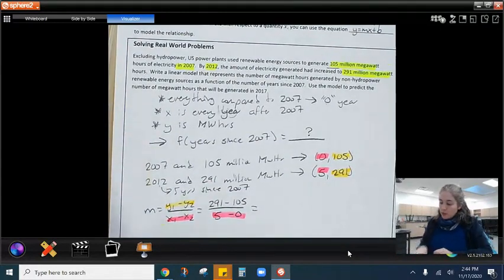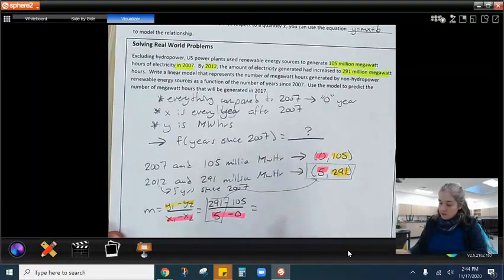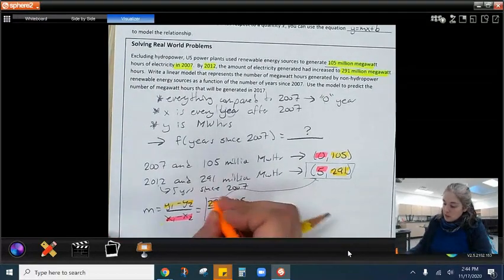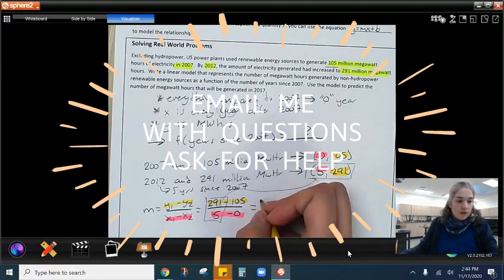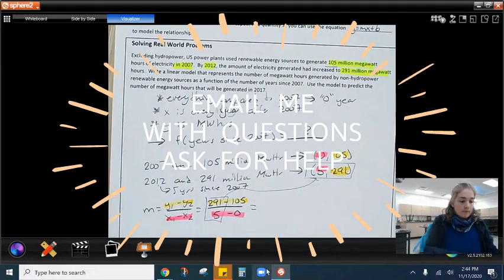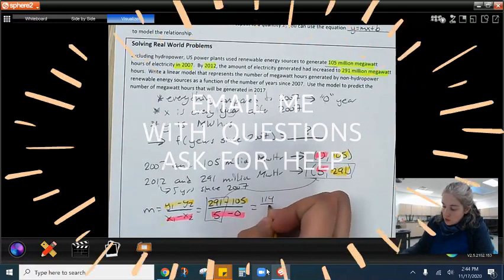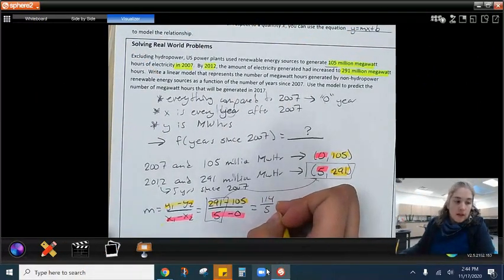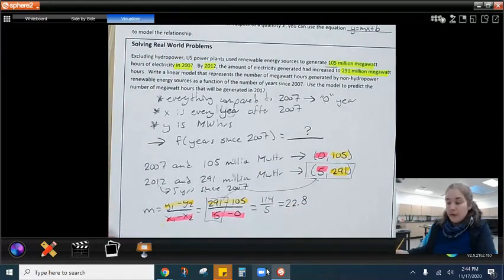And again, just make sure when you look at this vertically that this is 1 point, and sure enough, it's 1 point. So those match up great. So now when I do that subtraction, we end up with 114 over 5, which is 22.8.